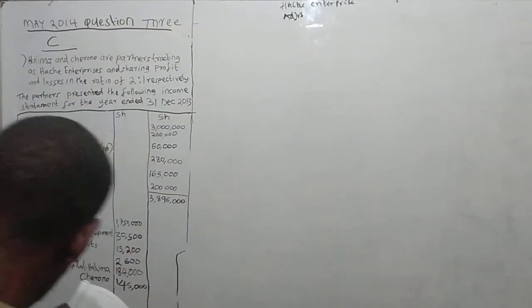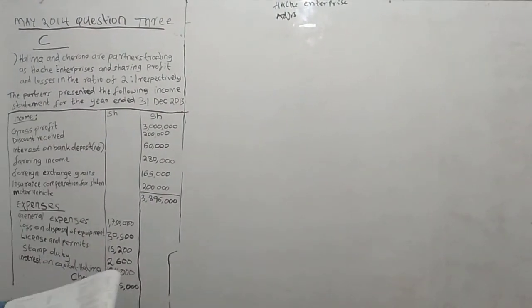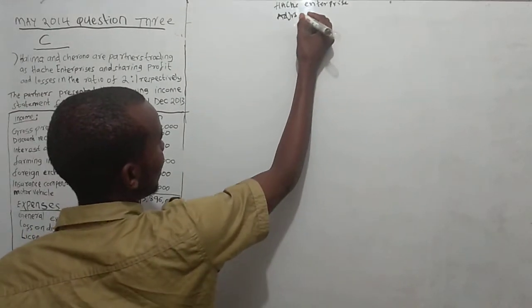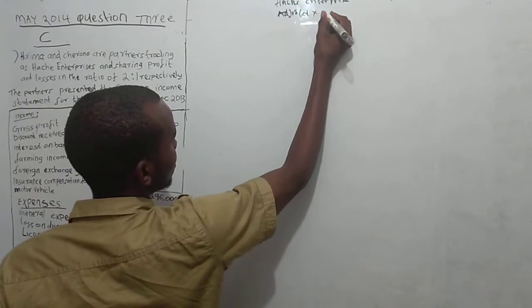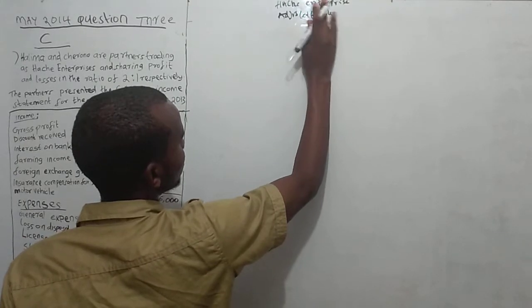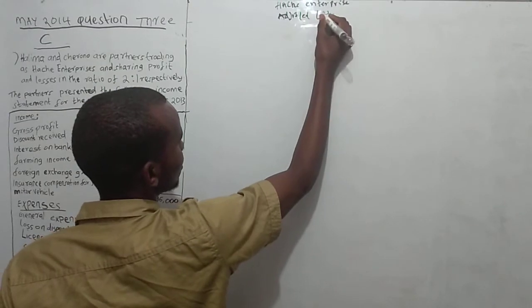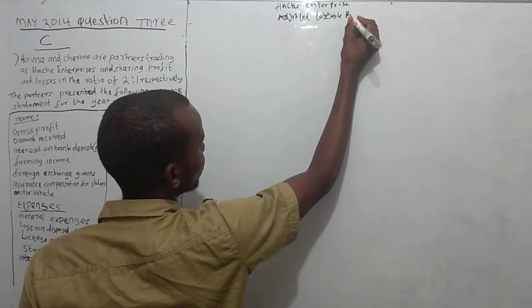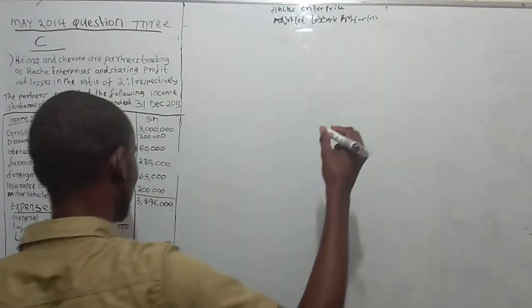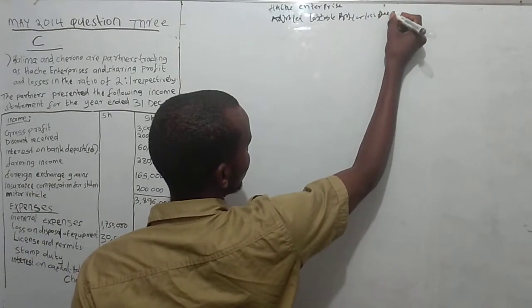The requirement was to prepare the adjusted partnership taxable profit or loss for the period ended 31st December 2013.